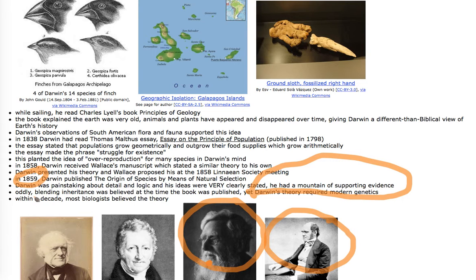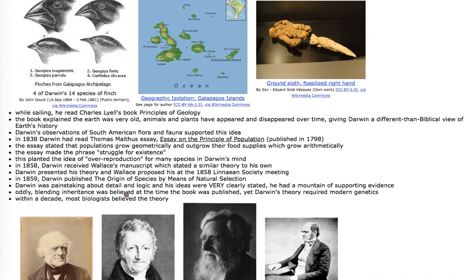But the one thing that was a problem in the book was, at the time, biologists believed in blending inheritance. Blending inheritance we now know is incorrect, but at the time, that was all the genetics we had, and blending inheritance would prevent Darwin's theory from working. Unfortunately, in 1866, shortly after Darwin had published his book in 1859, another gentleman named Gregor Mendel published a paper on genetics, but unfortunately, Darwin didn't carefully read Mendel's paper.